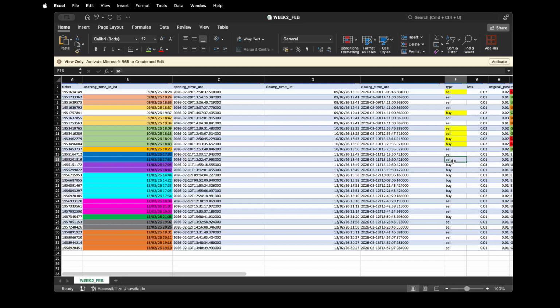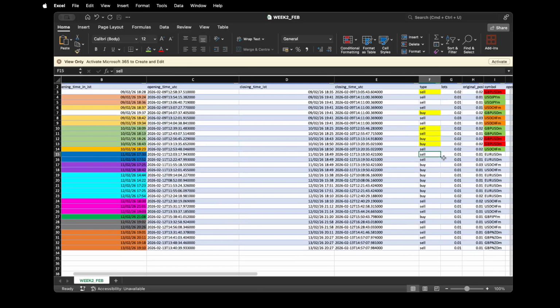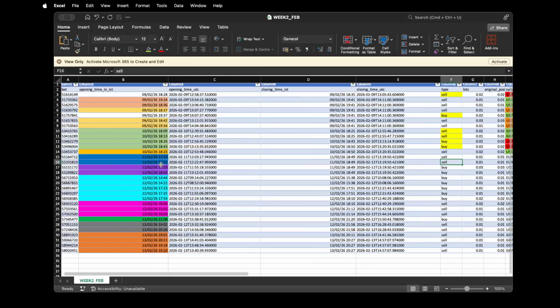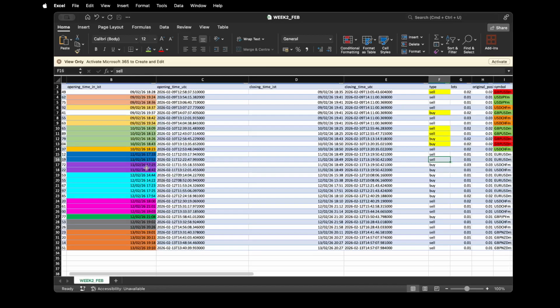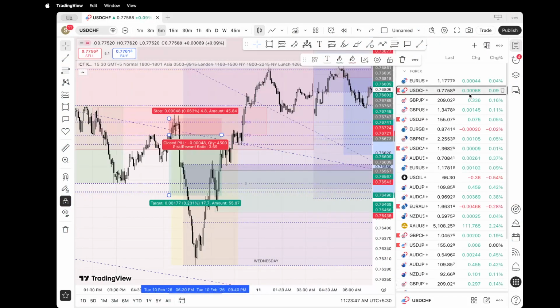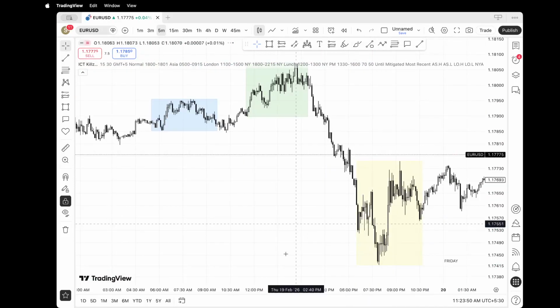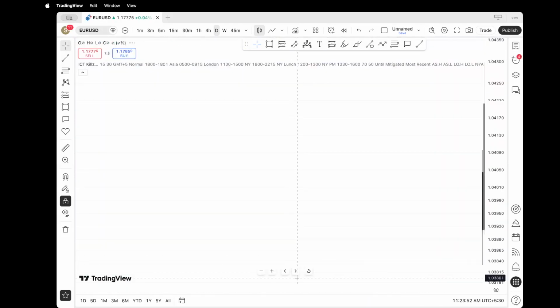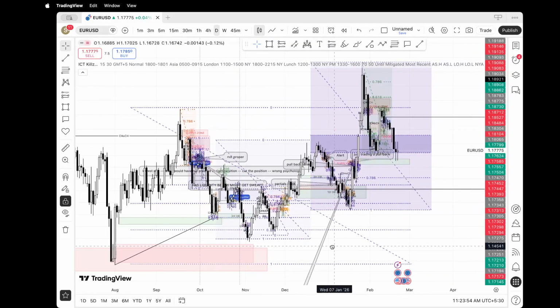Euro USD sell trade, 11th of February, 5:30 to 6 euro. Let's jump back to TradingView. Euro USD, here we go.